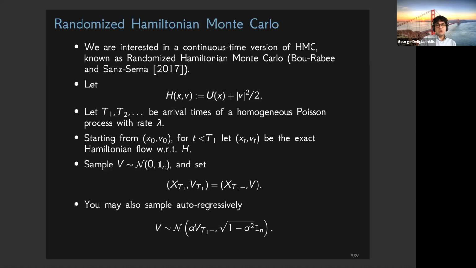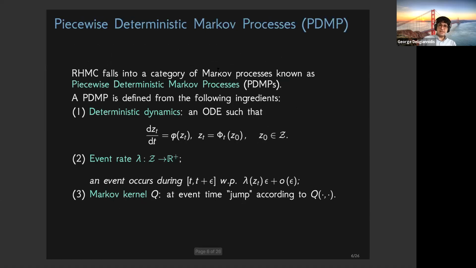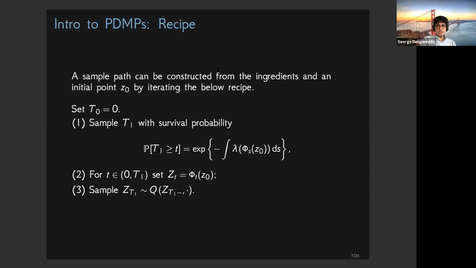Okay, so this process, randomized HMC, has been studied in the past. In the context of MCMC, it was talked about first by Bou-Rabee and Sanz-Serna back in 2017. And as I explained earlier, it is a PDMP. I'm not going to go through the definition of a PDMP because it's already been introduced.